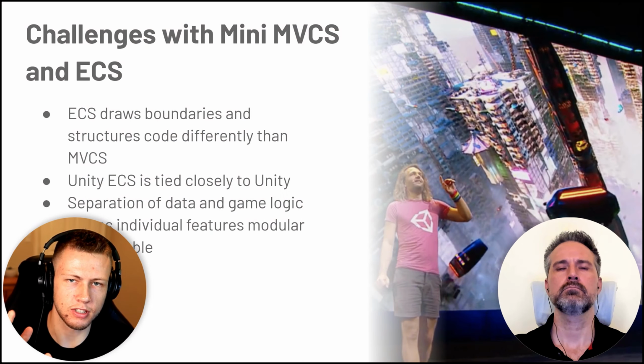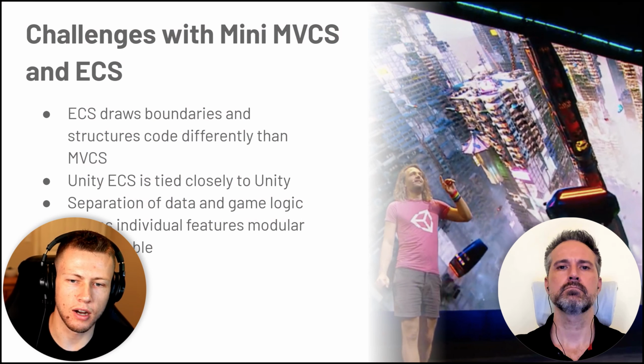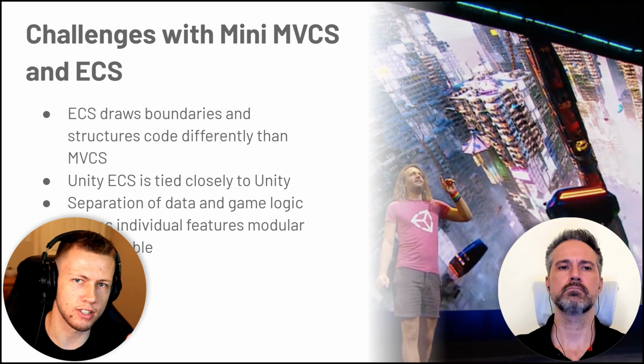Yeah, and so I just real quickly want to point out that I don't necessarily come from a traditional MVC background, so I don't have maybe as much knowledge as you do on this. But as I was stepping through some of your sample projects, I noticed that MVC splits up its project, of course, like you're saying, into the model, view, and controller. And again, with ECS, we're separating out entities, components, and systems.